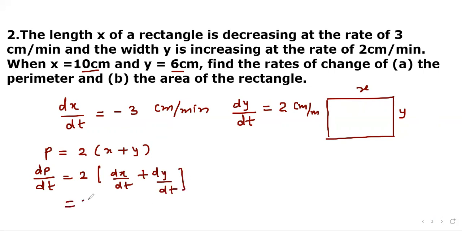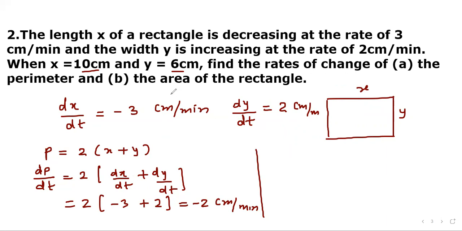Now we can put the values: dx upon dt is minus 3, and plus dy by dt is 2. So from here we get minus 2, and the unit will be cm per minute. Here the rate of change of perimeter we have evaluated.